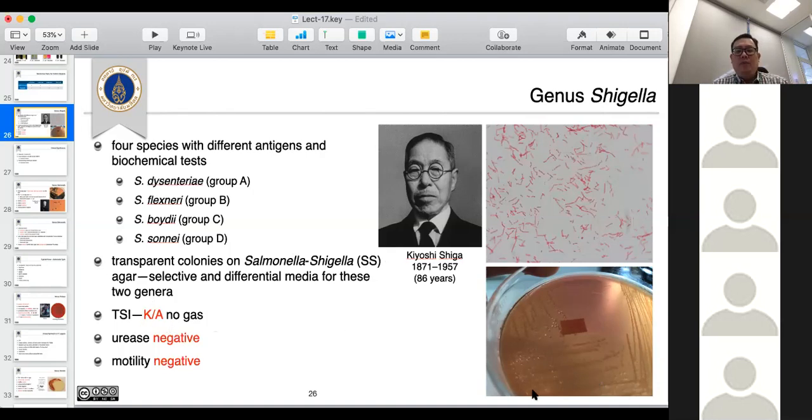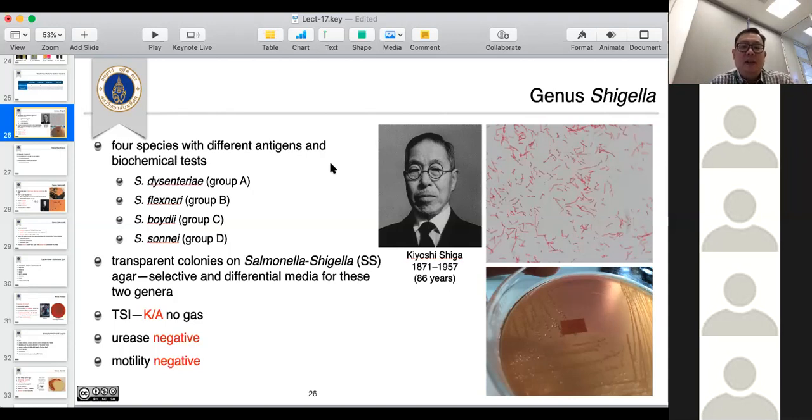When you observe colonies on SS agar, you probably see transparent colonies, no color. Shigella is a long, slim bacillus. Based on the antigen, Shigella is divided into 4 groups: A, B, C, D. Shigella group A refers to Shigella dysenteriae.